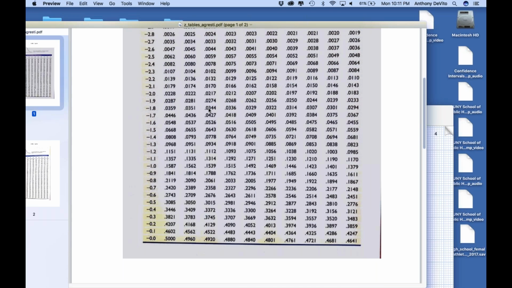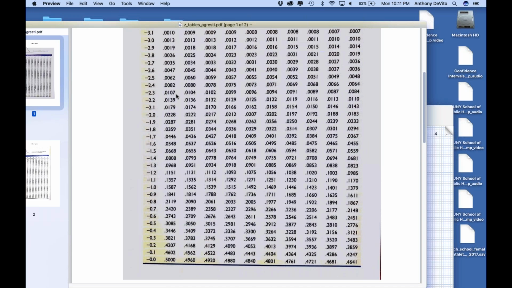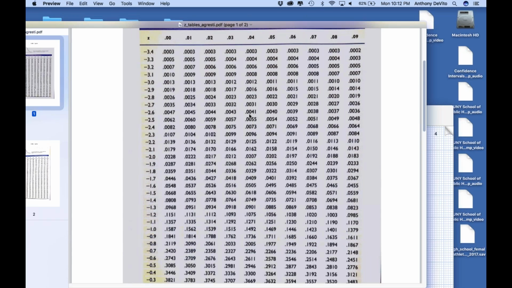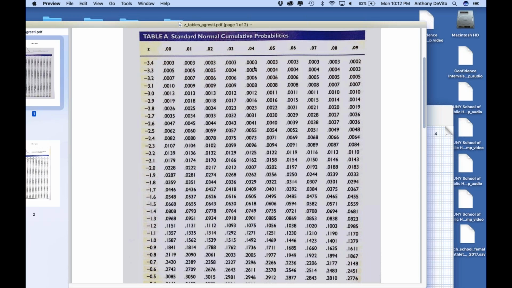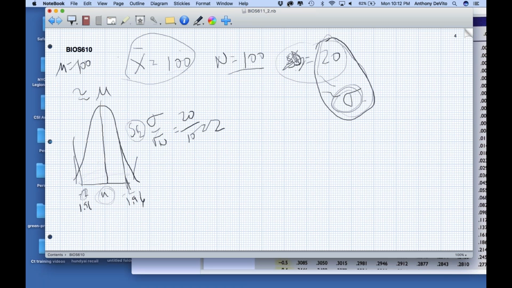How about 90%? 90% would be 5% in either tail. So in the bottom tail, where would 5% be? 1.64 roughly estimates the 90%. A z-score of negative 1.64 to a z-score of positive 1.64 represents 90% of the possible outcomes that you would get for samples that you would take from this population that we know so much about.